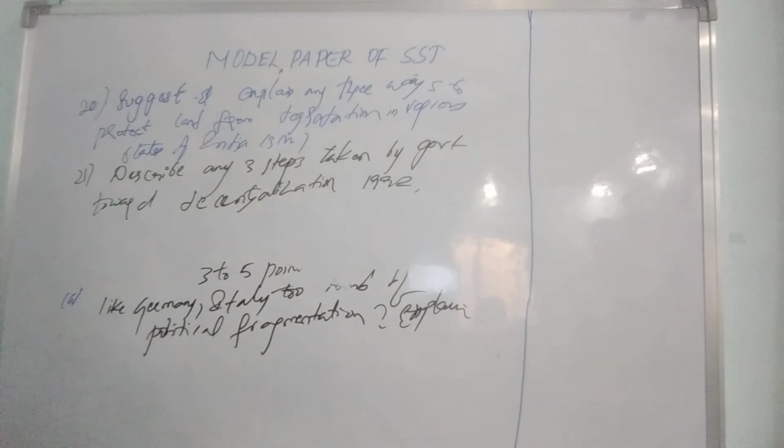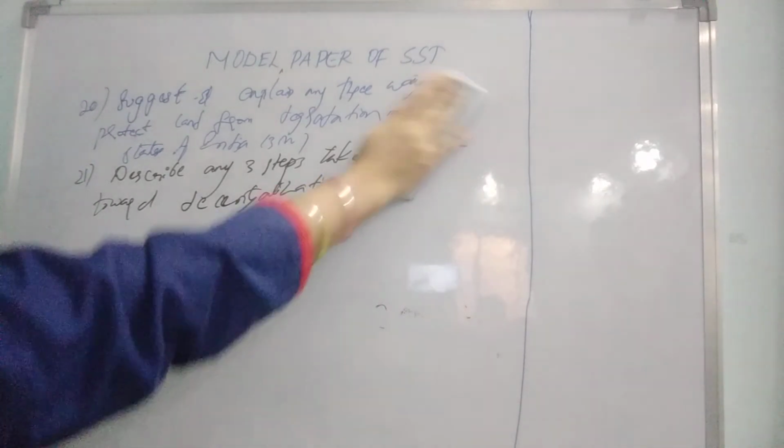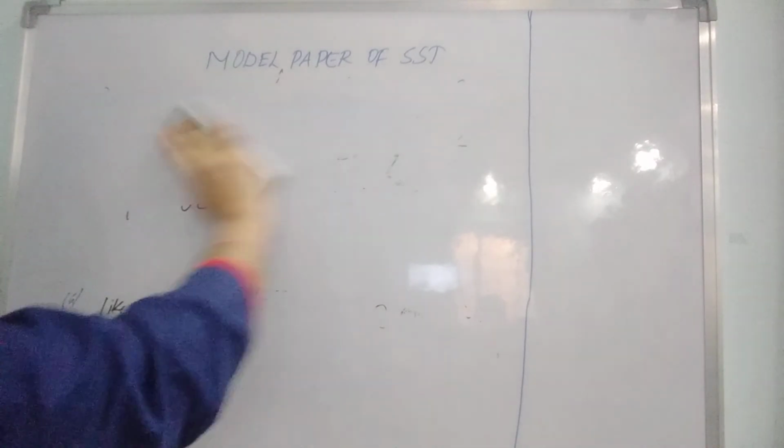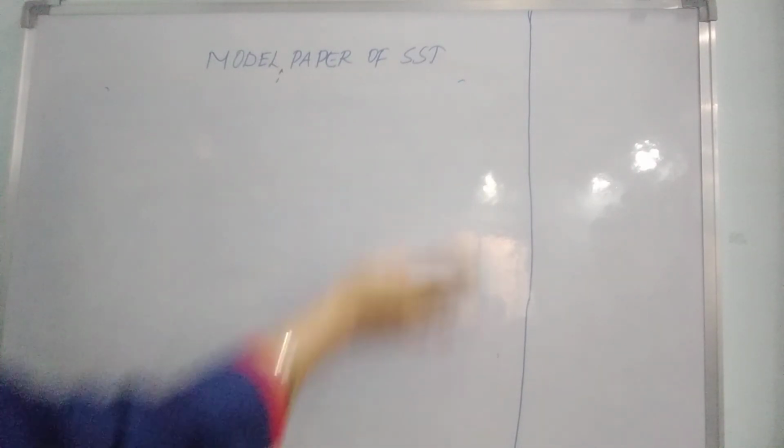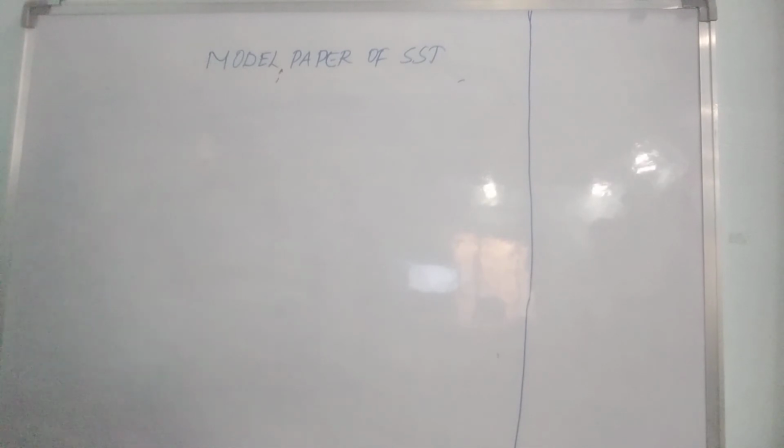Describe any 3 steps by the government towards decentralization in the year 1992. Okay, I am giving only answers for short questions, 1 mark questions. Please note down all these questions and read these answers carefully and perfectly.